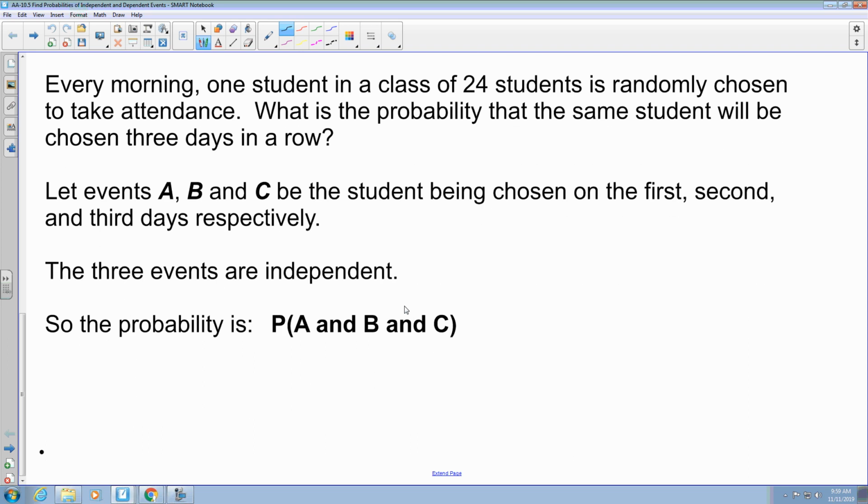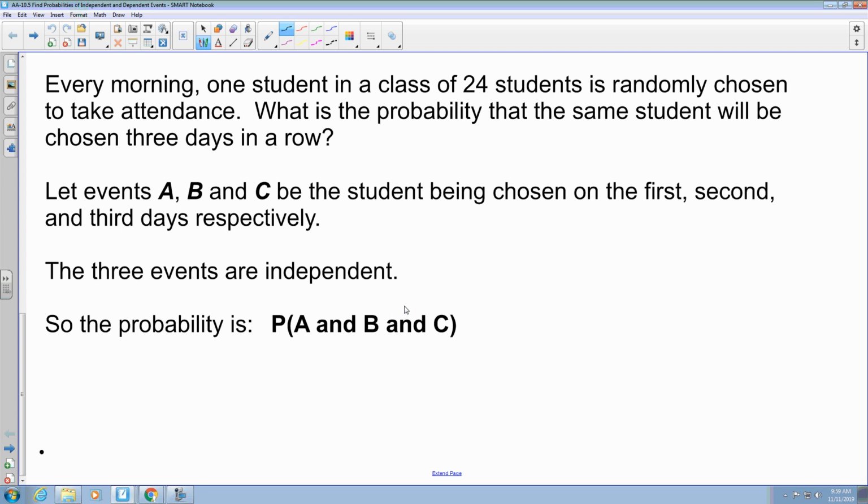It says that every morning one student in a class of 24 is randomly chosen to take attendance. What is the probability that the same student will be chosen 3 days in a row? All right, so this is a situation where we have an independent event. There's nothing that occurs in the first event that's going to make the second or third event any more likely or any less likely.